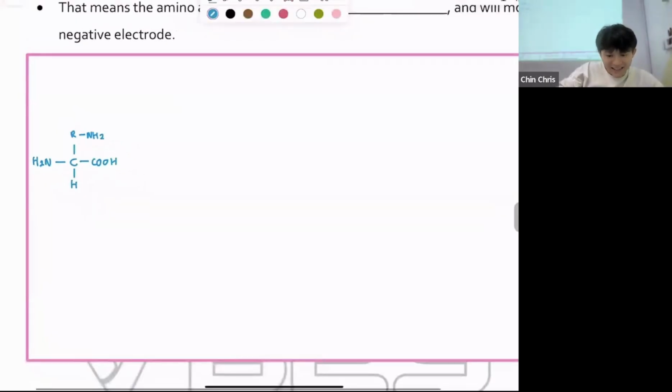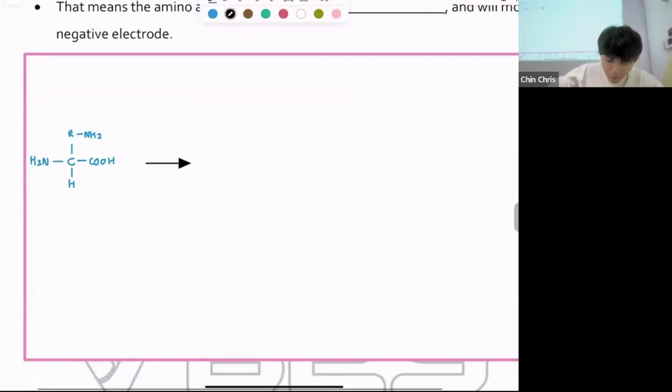Alright, guys, first. Let's say this amino acid, if we put it under isoelectric point. For example, if I put it in pH 7, which means they are isoelectric. Just imagine, this is pH 7.